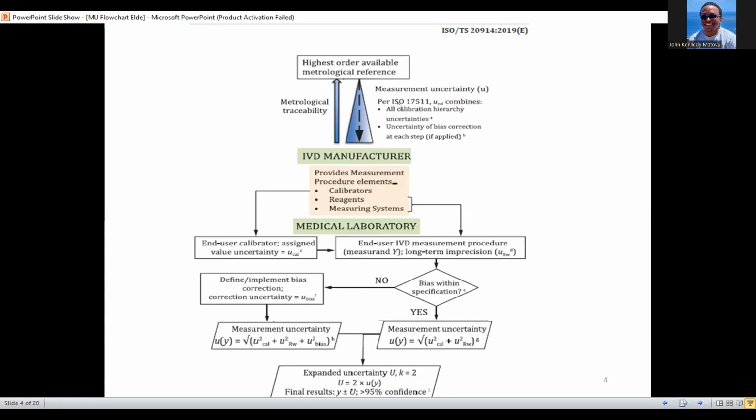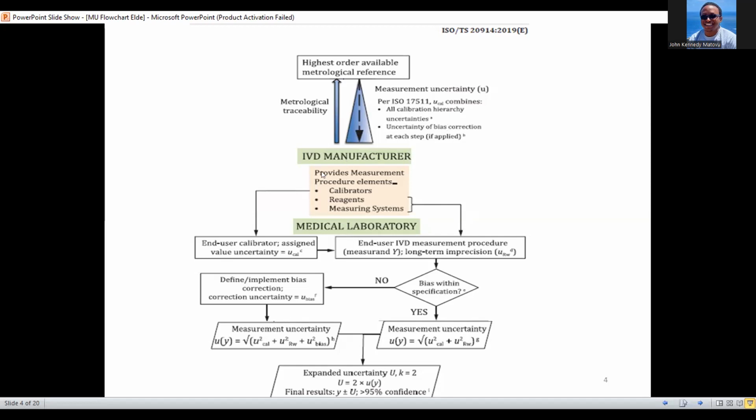All right, I want you to focus your attention at this section here. Measurement uncertainty per ISO 17511, uncertainty of the calibrator. Please take note of that because that's here, down here. Uncertainty of calibrator combines all calibration hierarchy uncertainties as well as uncertainty of bias correction at each step if it is applied. All right, please take note of that.